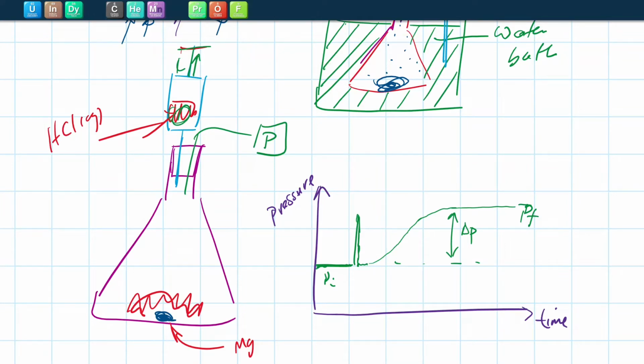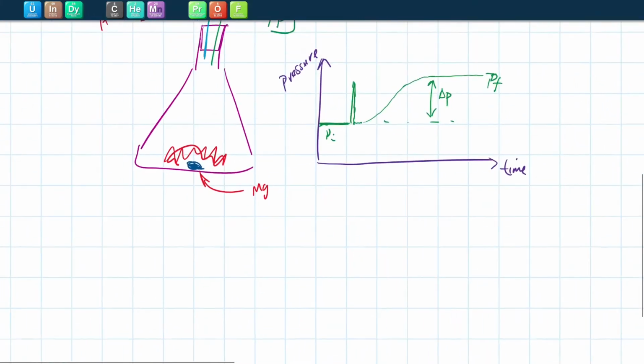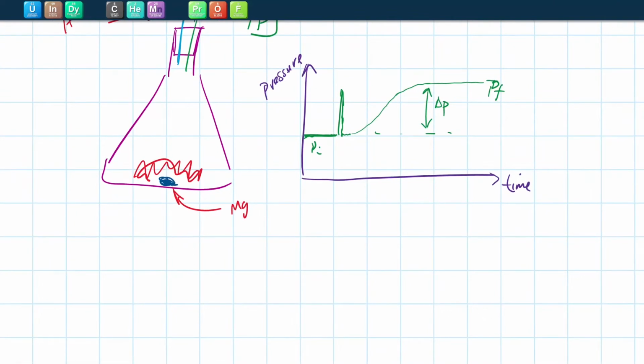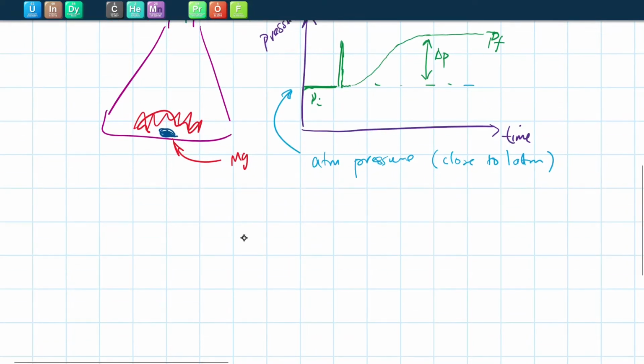Now that pressure change is interesting because before you add anything in there, the pressure you would have had here is your atmospheric pressure. It should be close to 1 atmosphere. But after you've injected the hydrochloric acid and your metal, this increase in pressure is due to two things.